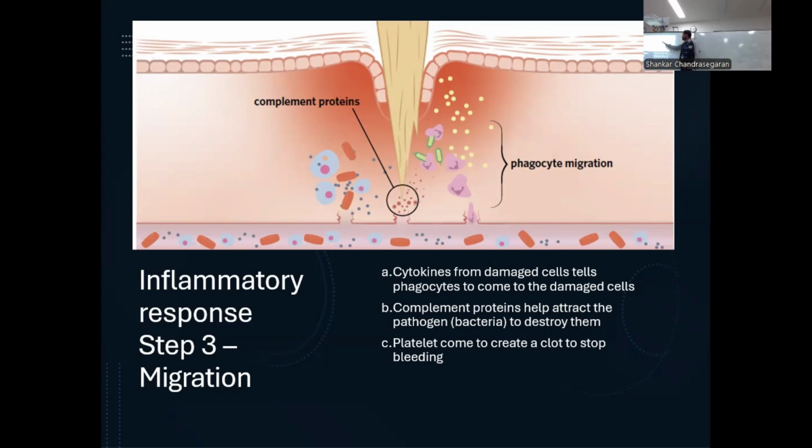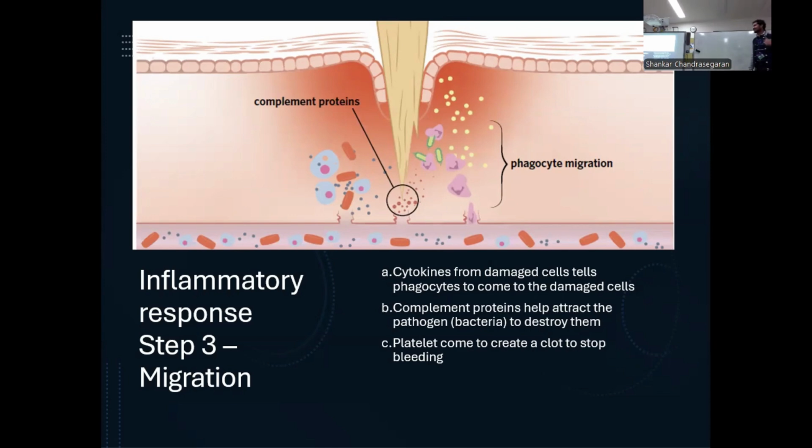Then the second, which is vasodilation: the mast cell releasing histamine causes the nearby blood vessel to vasodilate, which is basically expand in size, allowing more blood to seep out, to flow out into the damaged region. With more blood comes more immune cells, right?